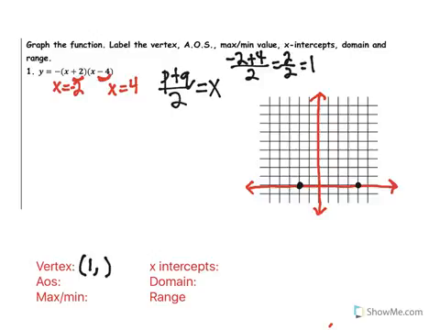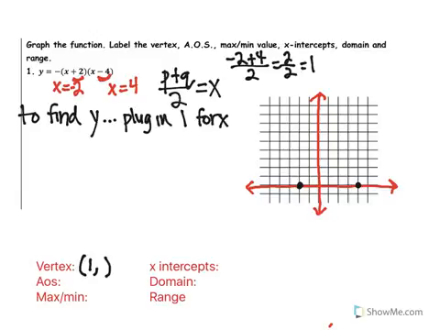Next, I have my x, it's 1. I need to find y. I find y by plugging my 1 into my original equation. Okay, plug in 1 for x. Here we go. Y equals negative, parentheses 1 plus 2, parentheses 1 minus 4.